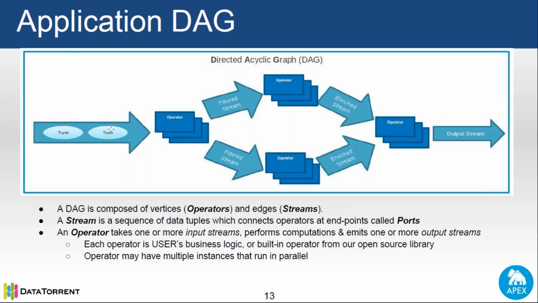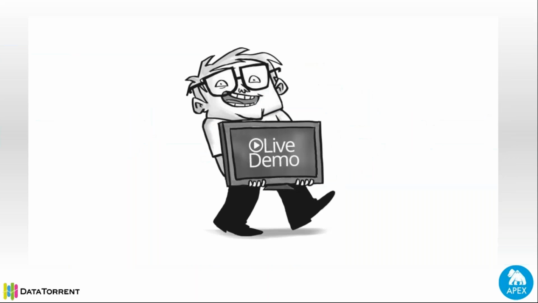Data tuples flow from one operator to another, and a tuple is any Java object which is serializable and which has some specific schema associated with it. An operator, in simple terminology, is just a Java class implementing some interface, which defines how to process a particular tuple coming on a particular incoming stream.